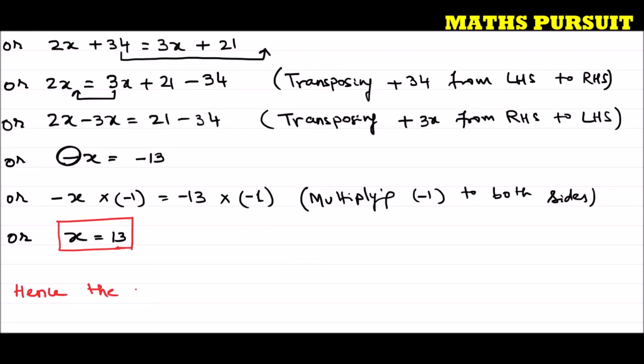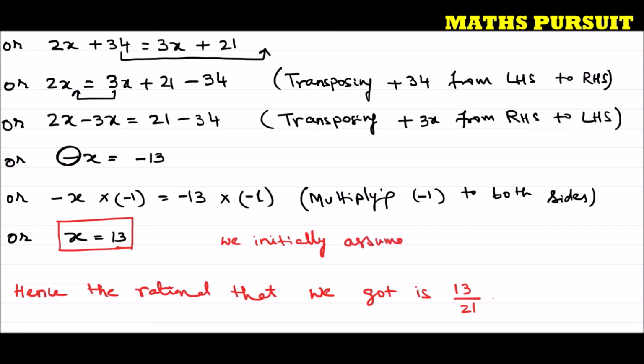And maybe you can show that we initially assumed x divided by x + 8 to be the rational number. RN means rational number, in short I am writing here. Hence the rational number that we got is 13 upon 21.